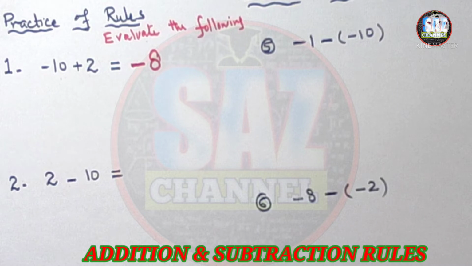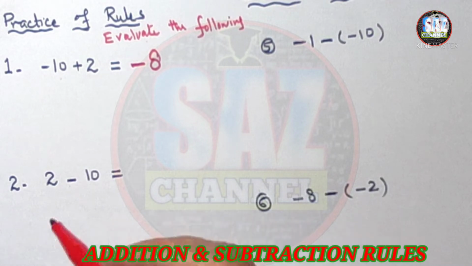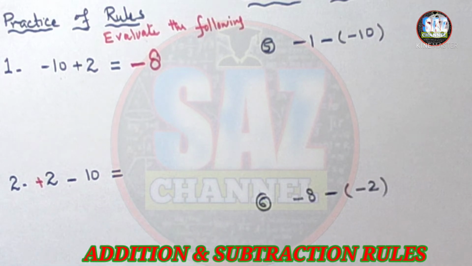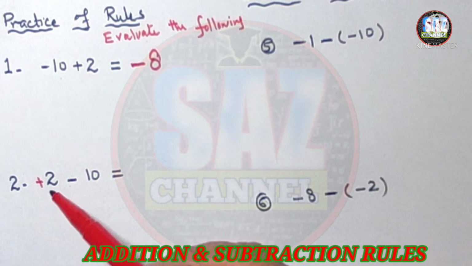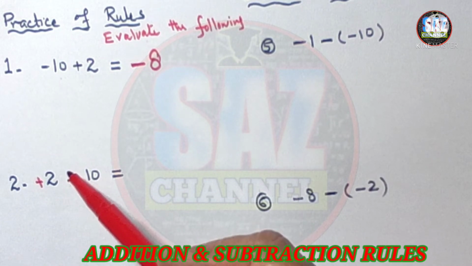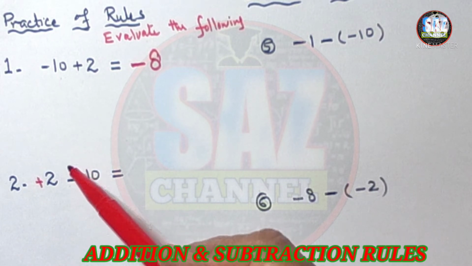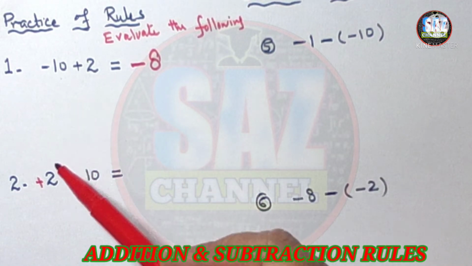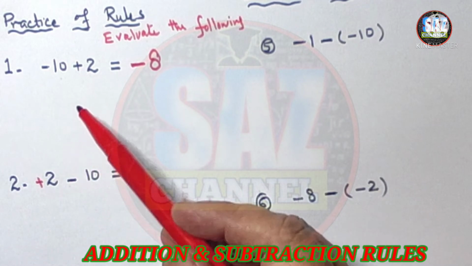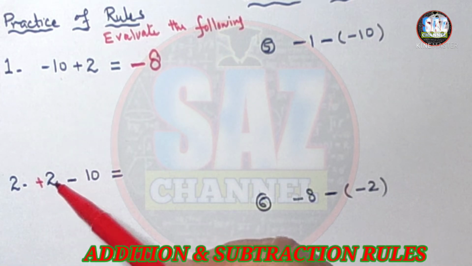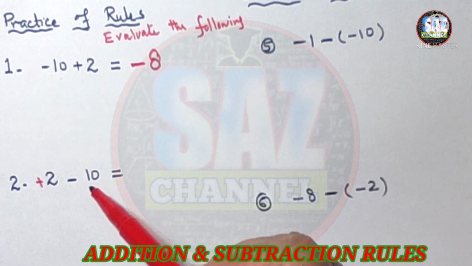Moving to the second situation, here again I have written the same question but in a different order. Now look, 2 is in the beginning and 10 is written after that, but again 10 is having the negative sign. I just want to give the idea to my students that it doesn't matter where you are writing the positive value and where you are writing the negative value.